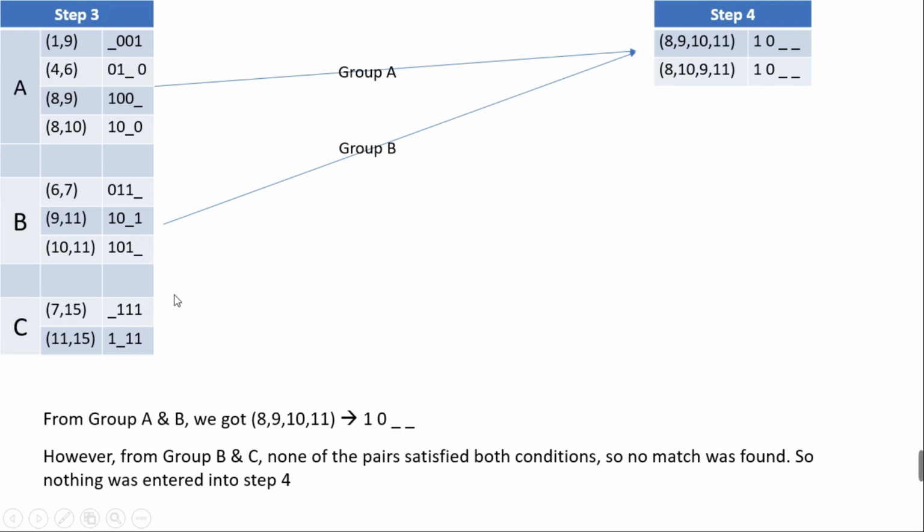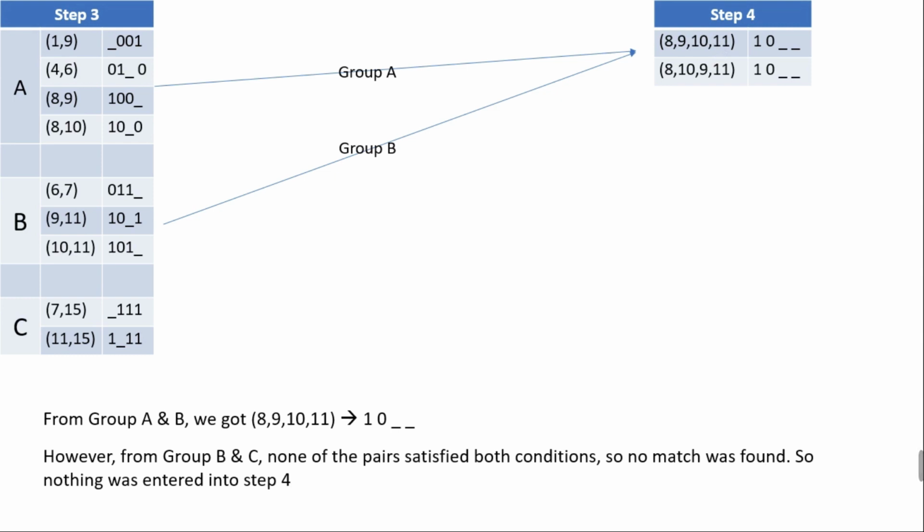You can see that I have not written anything here for group B and C. That's because none of the pairs satisfies both the conditions. No match was found, so nothing was entered into step 4. So you get the point, right? We're only going to put numbers into step 4 if we can match both conditions, the conditions we have explained a few minutes before.